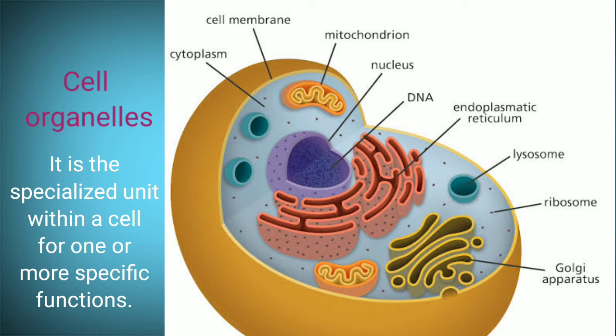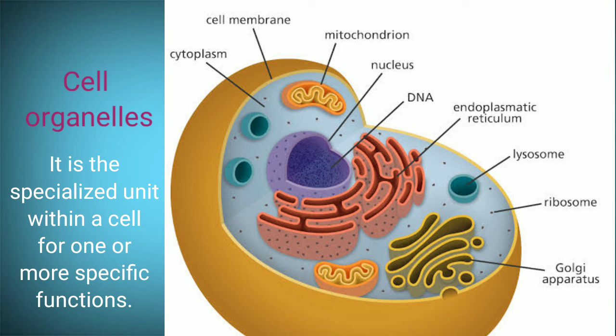You can compare that with the various organs within our body. In that way, the cell, which is an individual structure, has some specific structures or specialized units or compartments, we can say, which are again membrane bound, and they have specific functions that help in the functioning of a cell.